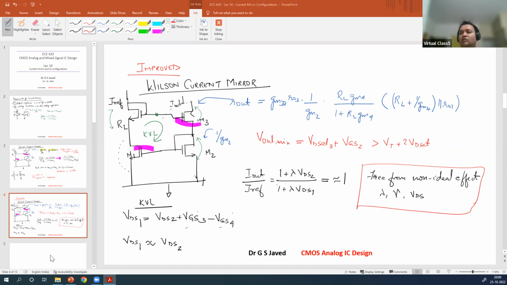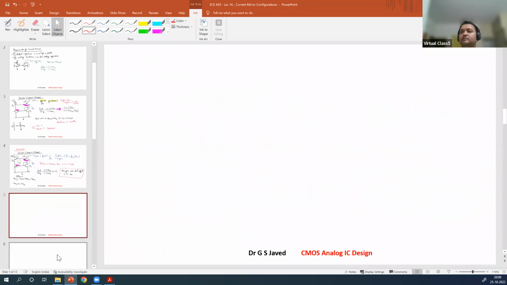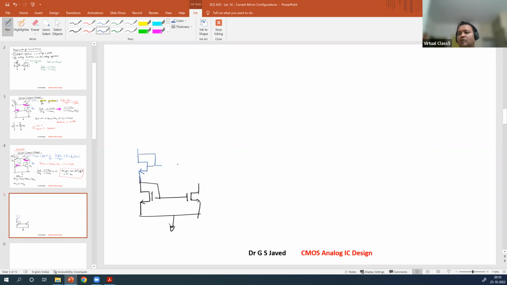Now, once these two were done, people went and said, okay, we have the cascode mirror, and we also spoke about it. We know that if you have a current mirror and you add a cascode, you get higher gain, but lower headroom.